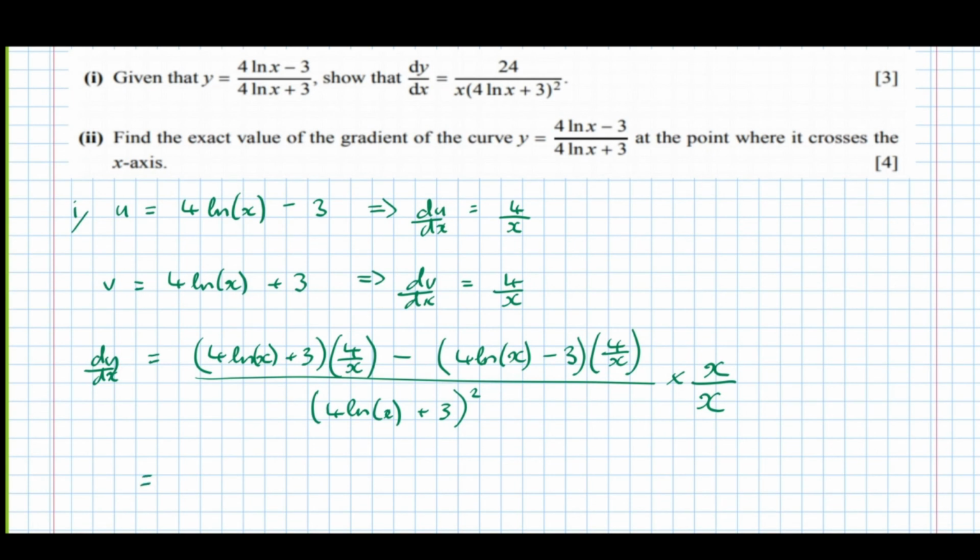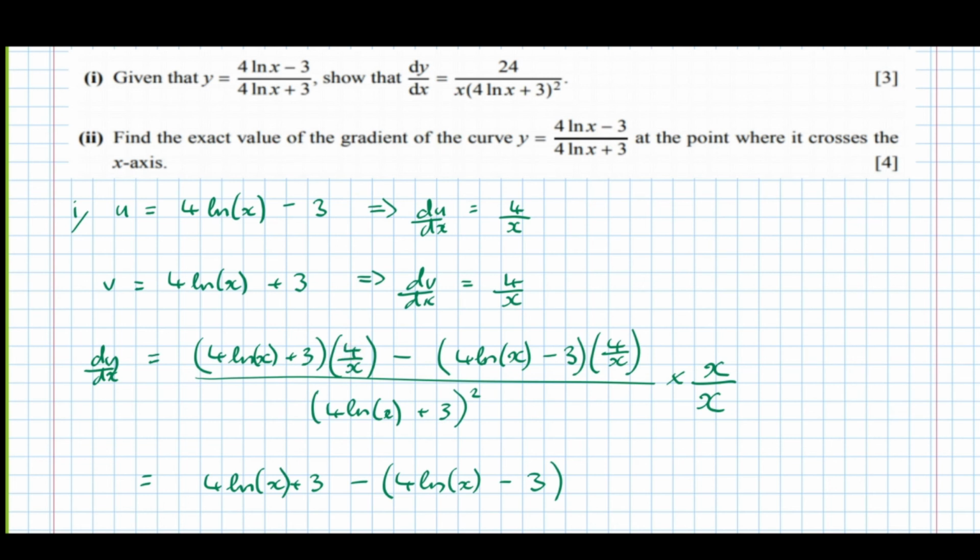So equals 4 log x plus 3 minus, put the bracket in the wrong place there, 4 log x plus 3, like that, minus 4 log x minus 3. And don't forget each of those. So I've undone the divide by x, but the 4 is still there.